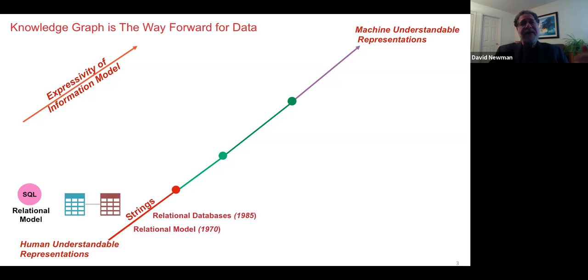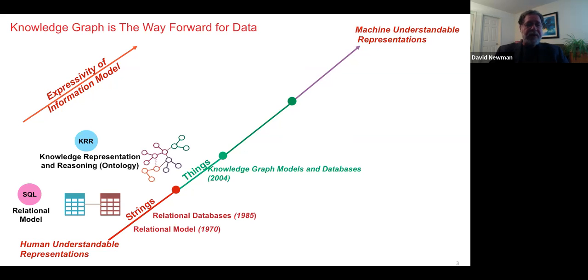So around 1970, the relational model, the prevailing model today, emerged, which focuses on looking at columns and tables, which describes basically information in terms of strings or numbers that are represented as attributes within entities. Relational databases emerged in around 1985.